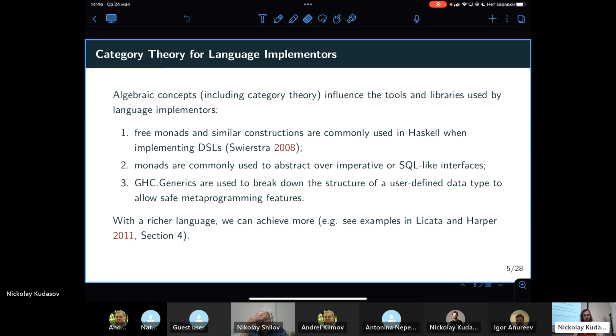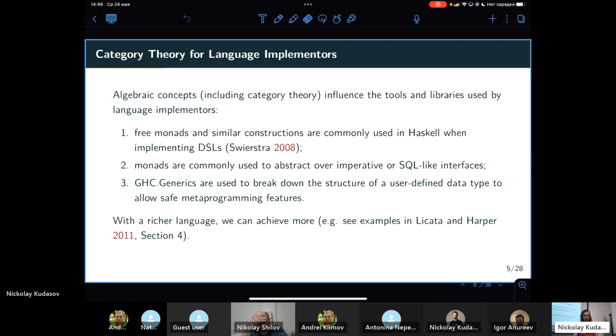And again, I'm using some of these concepts in daily life when I'm programming in Haskell, so I can definitely appreciate some influence, at least, of category theory for that.